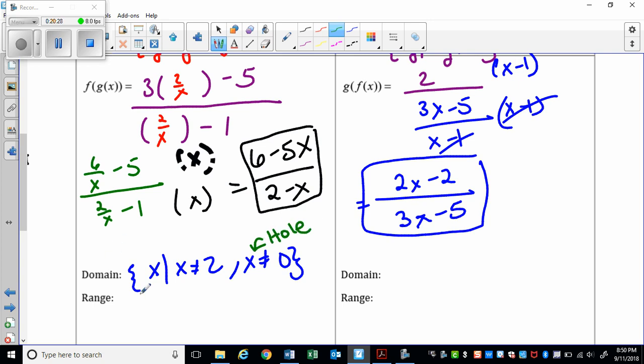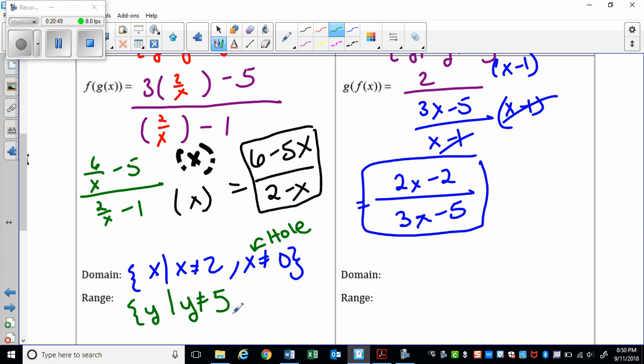Okay, check it out. Now, my range, y such that y cannot equal... it looks like -5 divided by -1. So there'll be an asymptote at y equals 5, since the degree of the numerator is equal to the degree of the denominator.